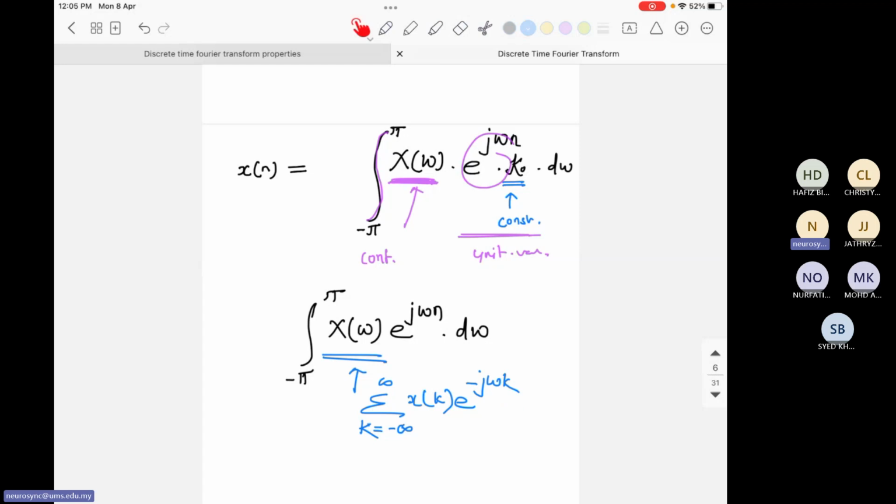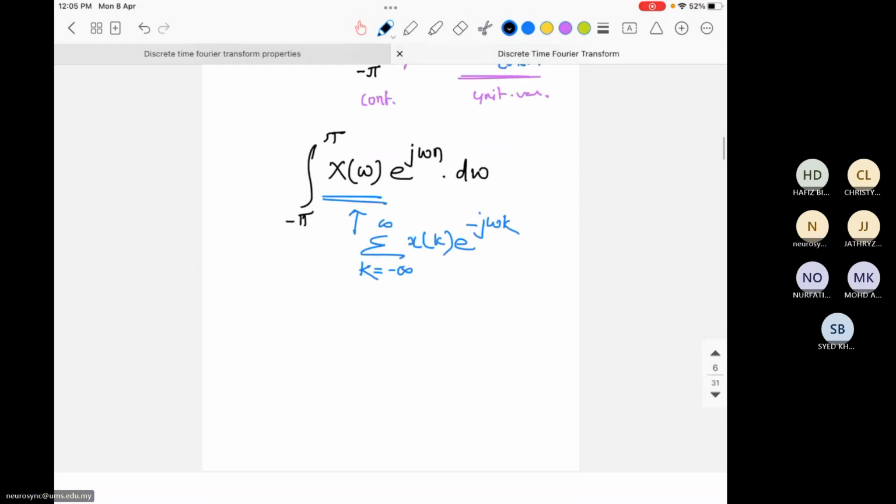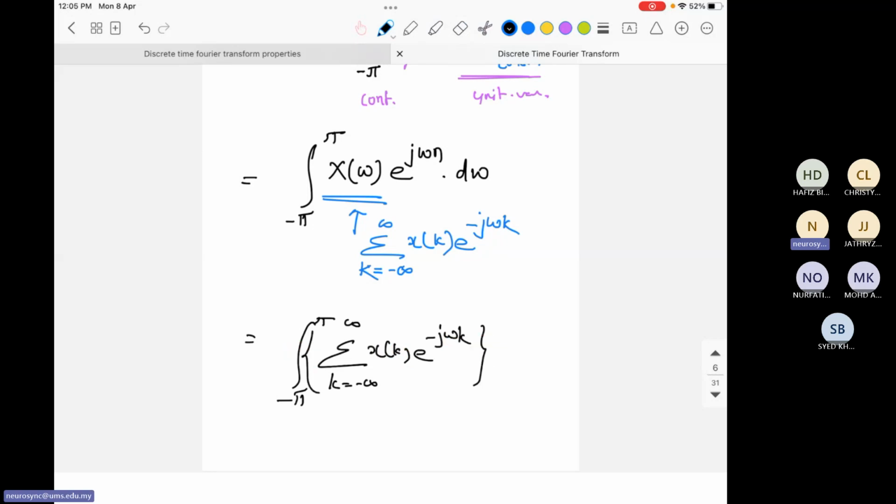Now, if you put the value here, this is equal to the integral from minus pi to pi of the summation from k equal to minus infinity to infinity of x of k e to the power minus j omega k, into the remaining term, e to the power j omega n d omega.